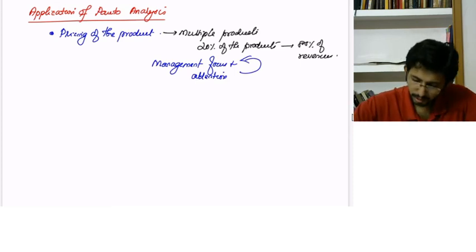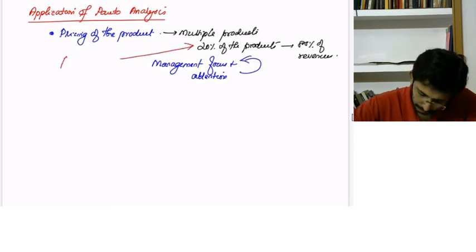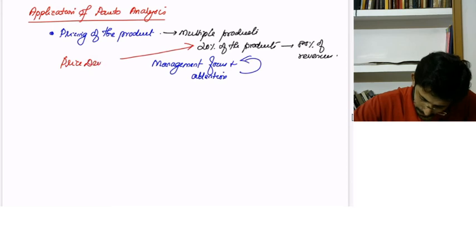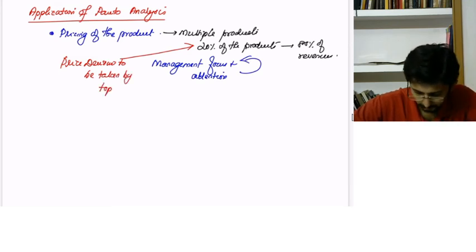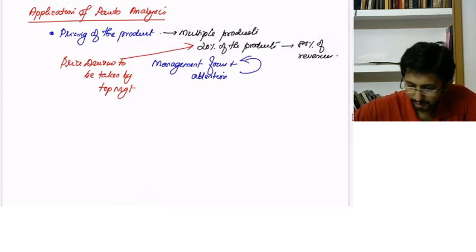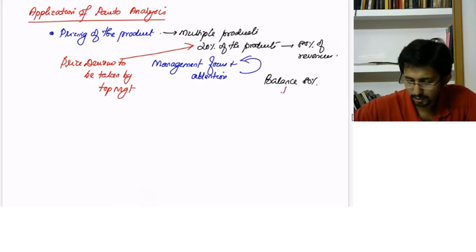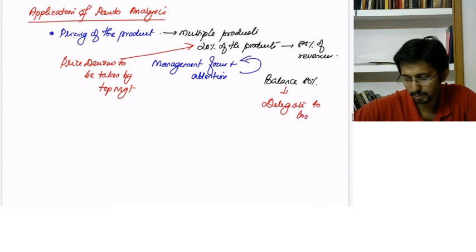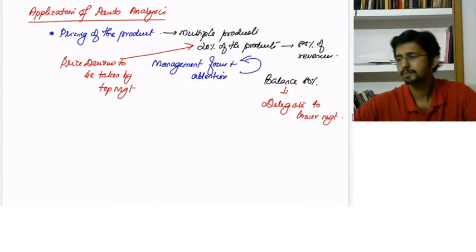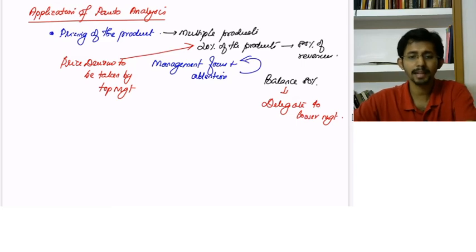Because the price decisions for this 20% of the products are to be taken by top management, and the decisions with respect to the balance 80%, who will take them? You delegate that power to lower management. Is it clear? Very important, because you can save your management time.